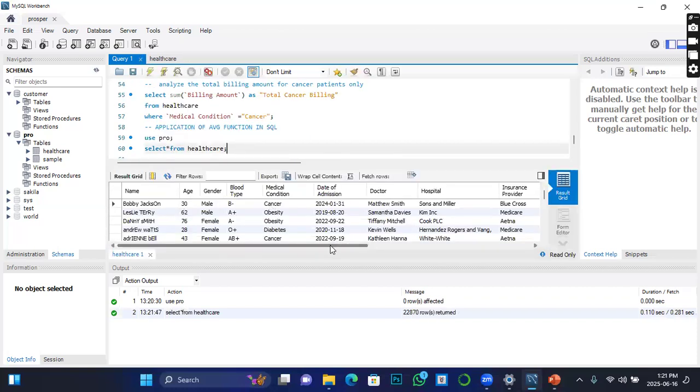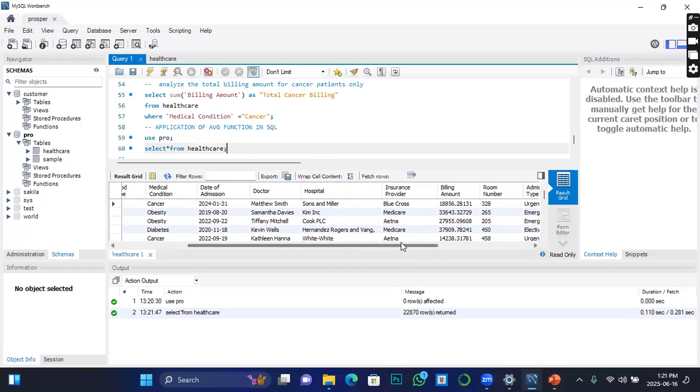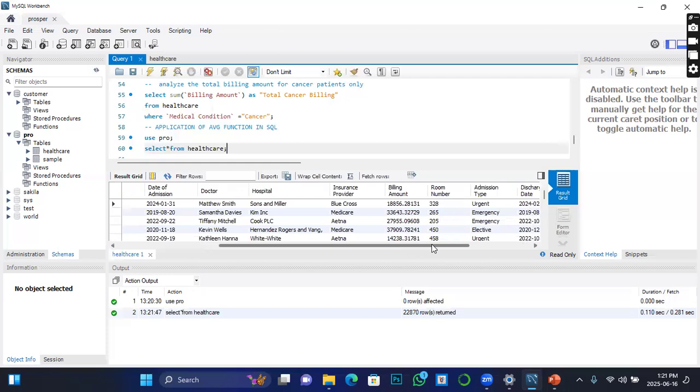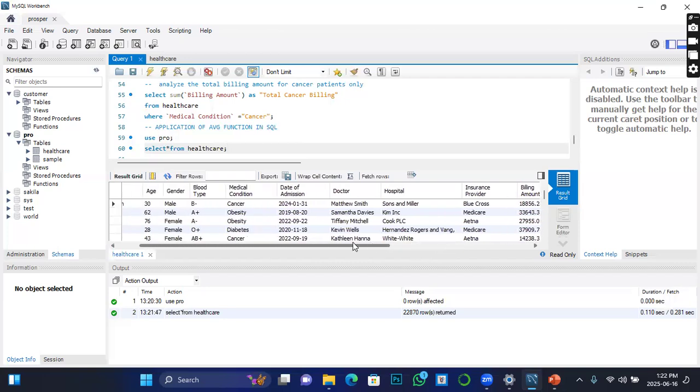Okay, so now from these values here, we are asked to write the question down. Analyze the total average of billing amounts in the healthcare data set.